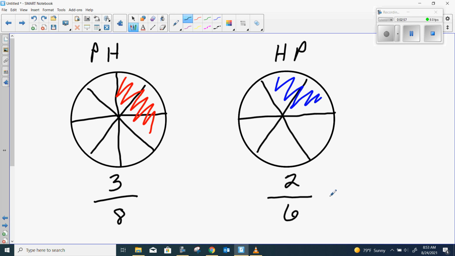All right, so now what I want to know is which place did I eat more pizza? Okay, did I eat more pizza Thursday at Pizza Hut, or did I eat more pizza on Friday at the Humble Pie? Well, if I look at these numbers, they're not the same. If I look at the pieces of pie, I can argue that yes, I ate more pieces at Pizza Hut than I did at Humble Pie, but I can also argue that the pieces of pie are bigger at Humble Pie than they are at Pizza Hut.